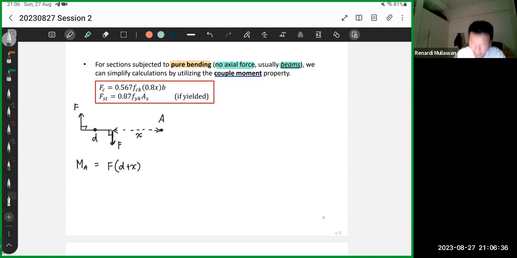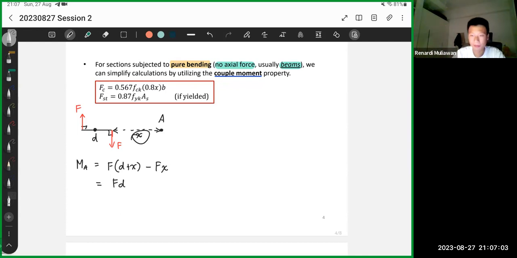This force, I'll make it red so it's clear that it's a force. One goes clockwise, one goes anti-clockwise. So it's a minus F times X. And that becomes F times D. If you notice, the X is gone.